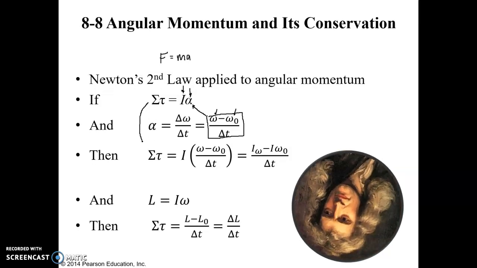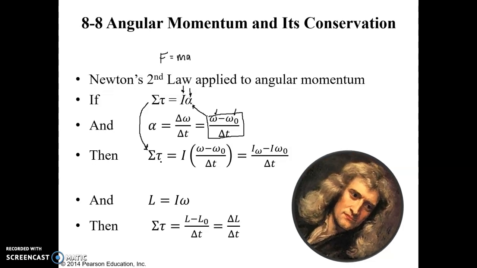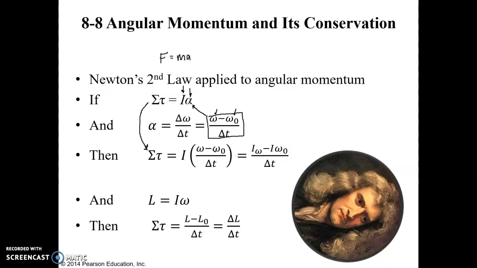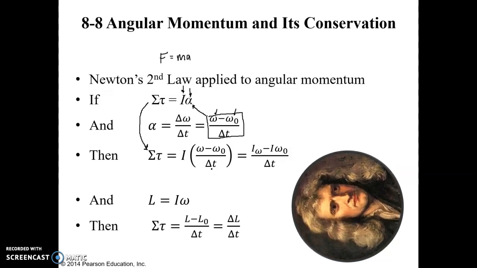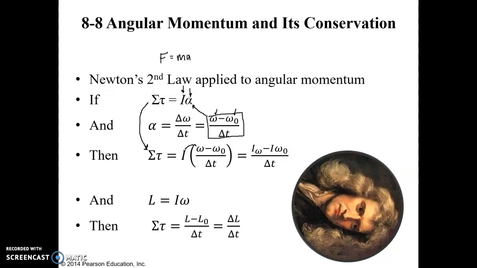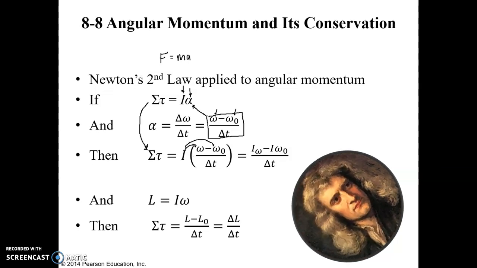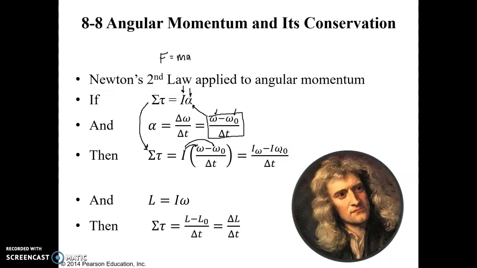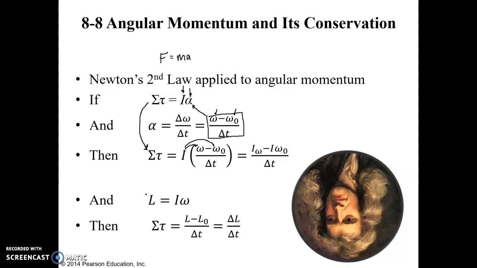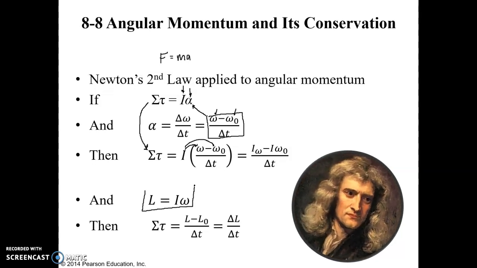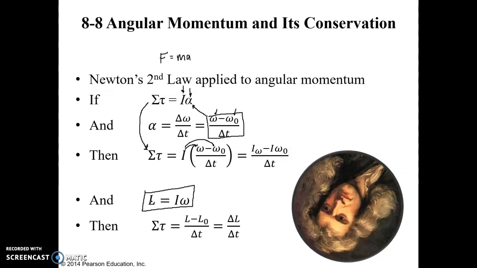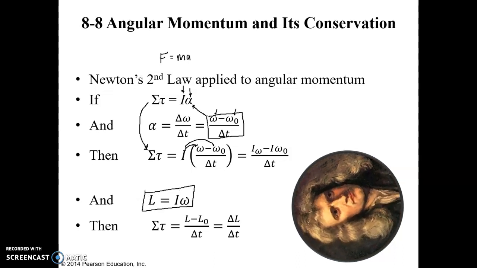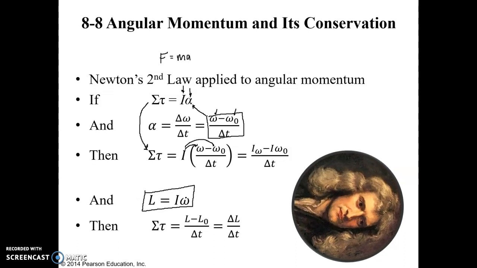So now this equation is the sum of torque equals the moment of inertia times angular velocity minus initial angular velocity, with respect to time. If we distribute that moment of inertia, I, across the numerator, it becomes I omega minus I omega naught. And if we recall our definition of angular momentum, or low-momentum as some of my students call it, that's equal to moment of inertia times angular velocity.